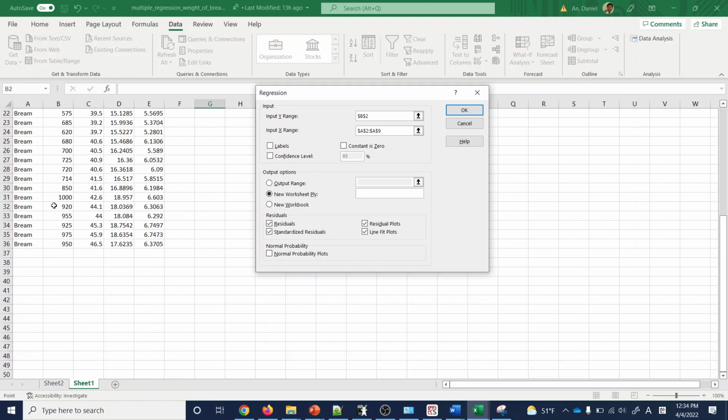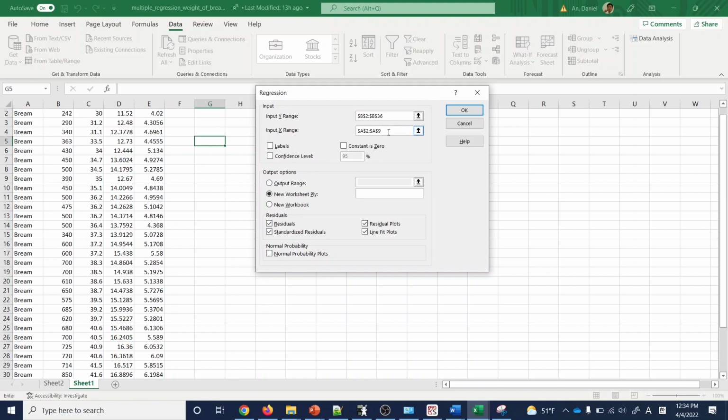Click the very first one, hold the shift key, click the very last one. That's your input y range. Now let's go to the x range. Your predictors are length, height, and width, and you have to click all three columns at once. That means when you're using this regression, your predictors should be right next to each other.